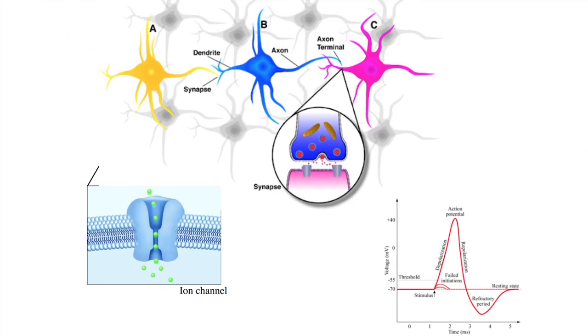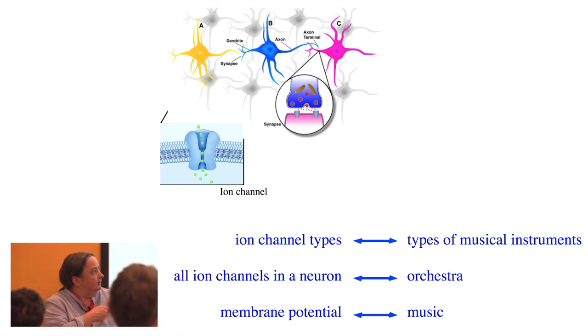So that gets us back to this complexity. Just a reminder, you all know that neurons that are connecting to each other have synaptic conductances and membrane conductances. And we've heard a lot now about the generation of this action potential. And I would kind of liken this to what may be a little bit of a tacky analogy. I would say that we have ion channel types in a single neuron that you could compare to types of musical instruments.